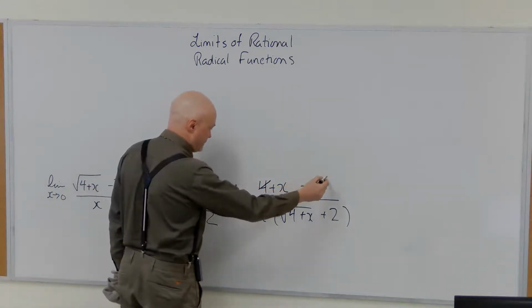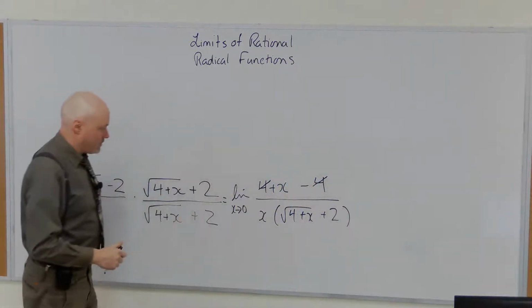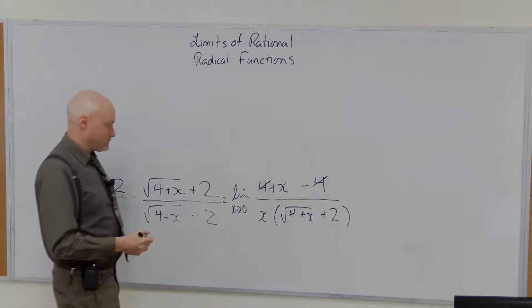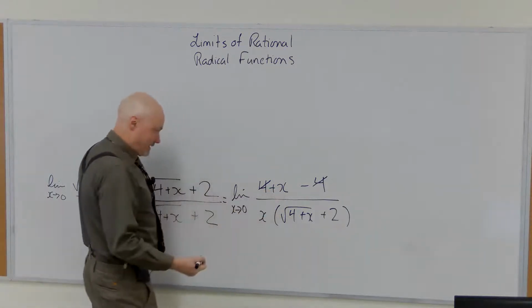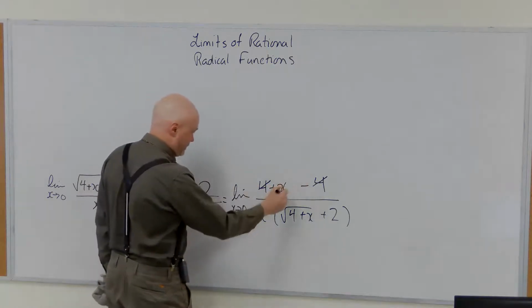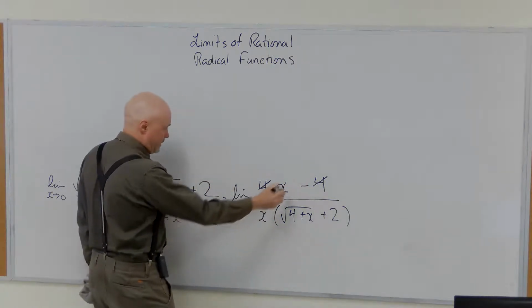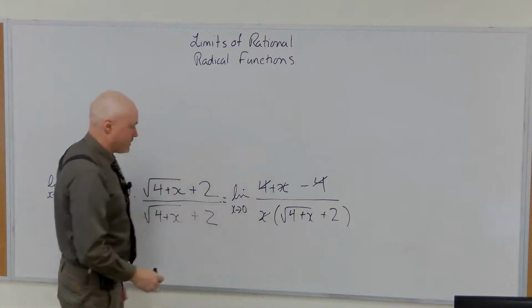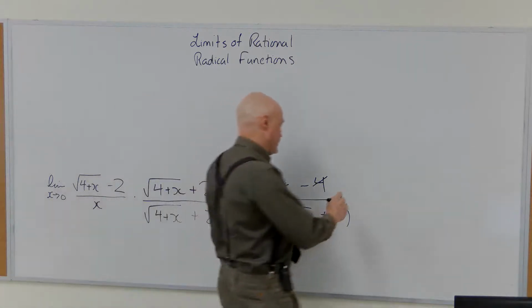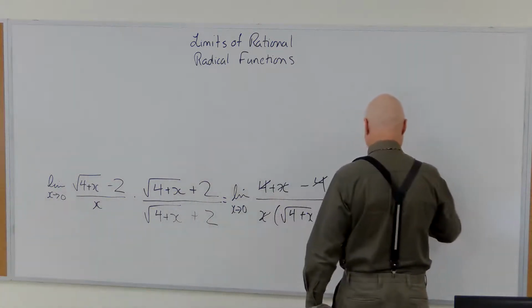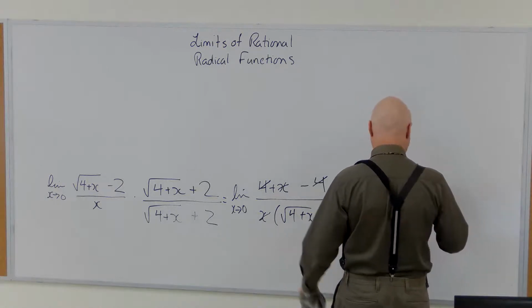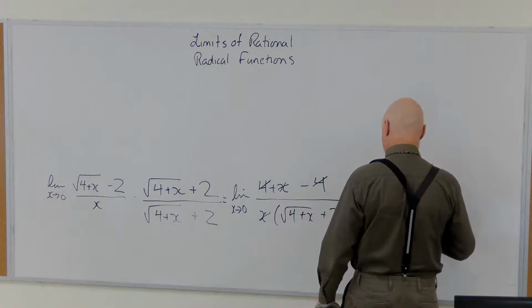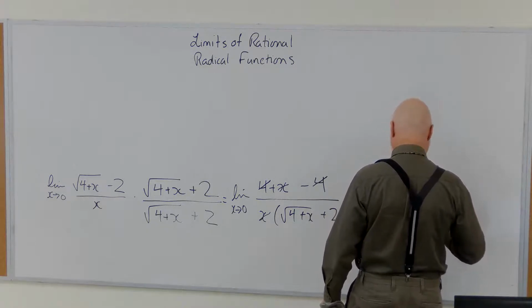Okay, so 4 minus 4 is going to disappear. Look, the x and the x, because I've gotten rid of my 4's, I can now cancel out. Now I just have this really easy expression: the limit as x goes to 0 of 1 over root 4 plus x plus 2.